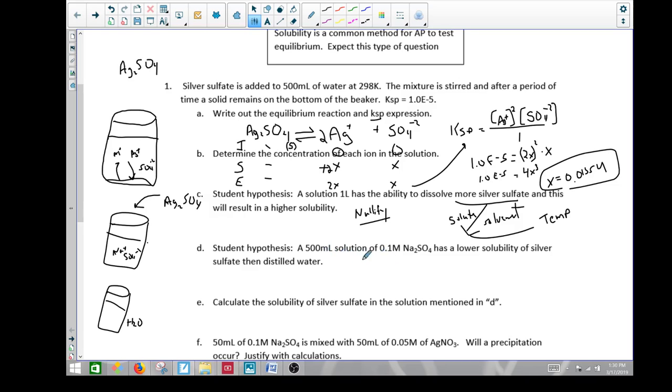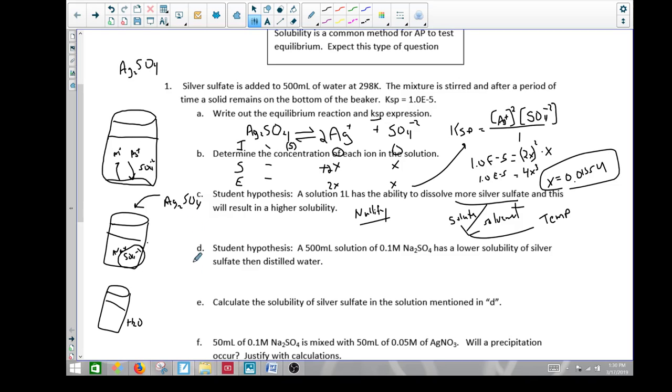So a 500 ml solution of sodium sulfate has a lower solubility of silver sulfate than distilled water. And this is true. The sodium doesn't matter, but because there's some sulfate in here, that would be a common ion. Therefore there's only so much room to dissolve stuff, and if there's already some stuff there, then there will be less.